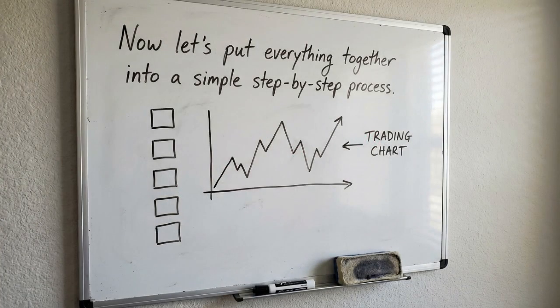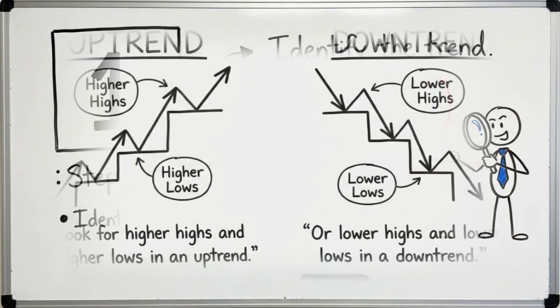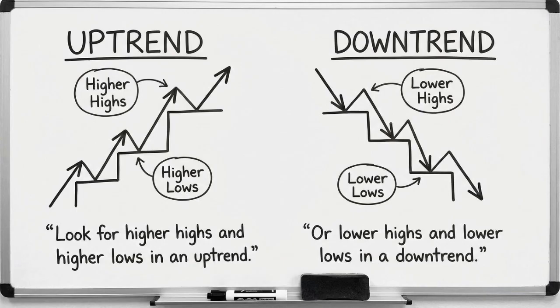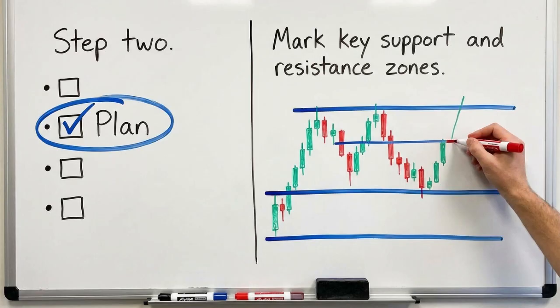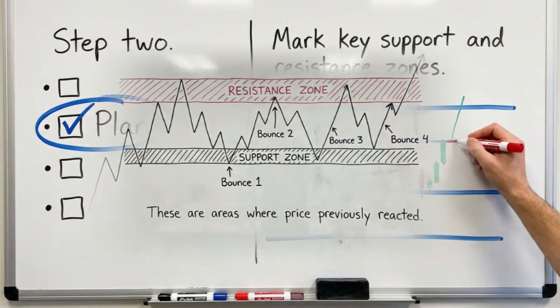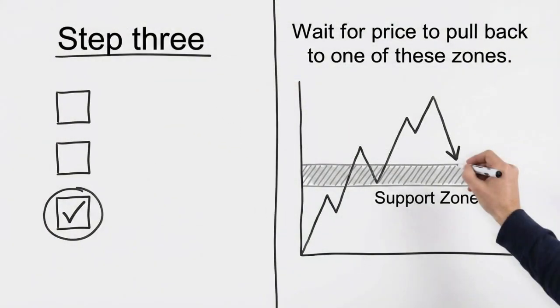Now let's put everything together into a simple step-by-step process. Step 1. Identify the trend. Look for higher highs and higher lows in an uptrend, or lower highs and lower lows in a downtrend. Step 2. Mark key support and resistance zones. These are areas where price previously reacted. Step 3. Wait for price to pull back to one of these zones.